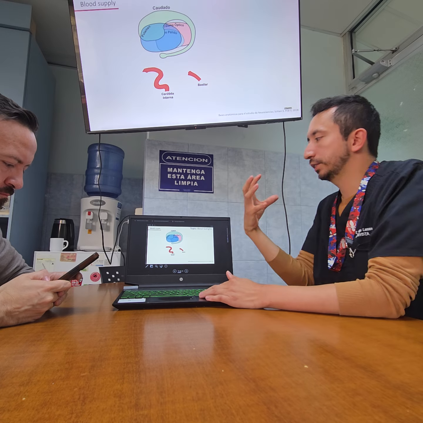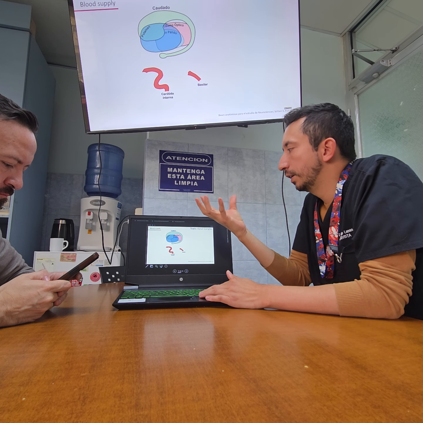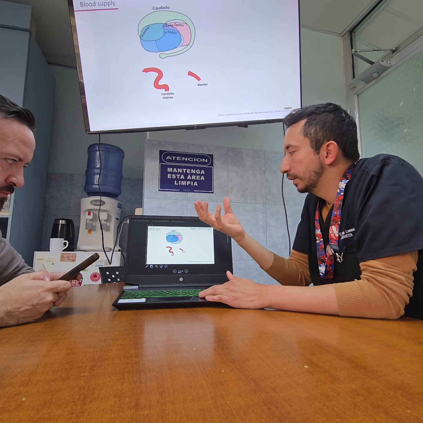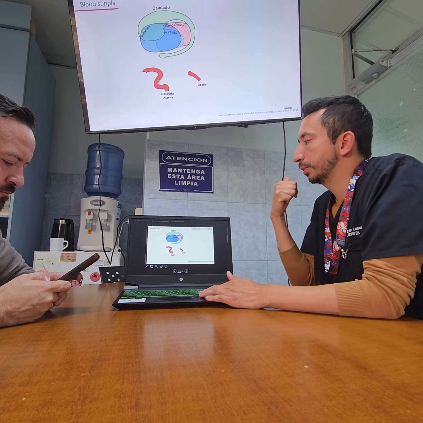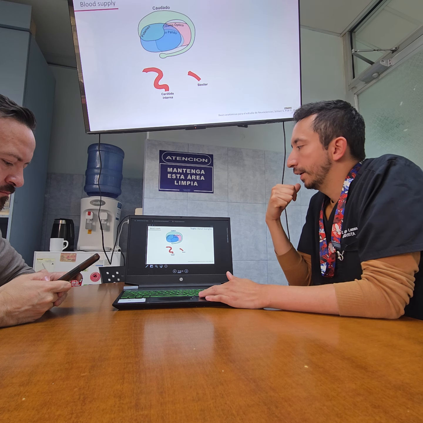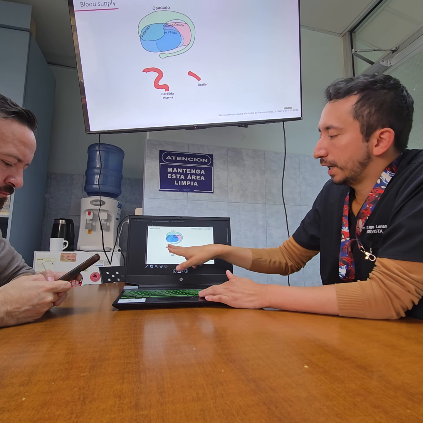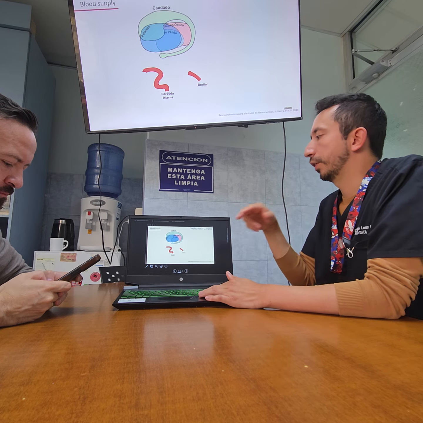So, regarding arterial blood supply, as we will observe, the basal ganglia receive blood supply from both the anterior and posterior vascular system. This is anterior, this is posterior.